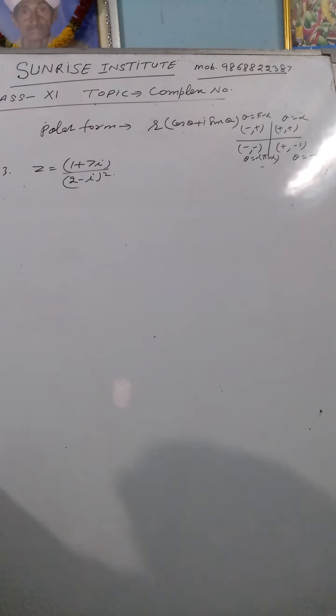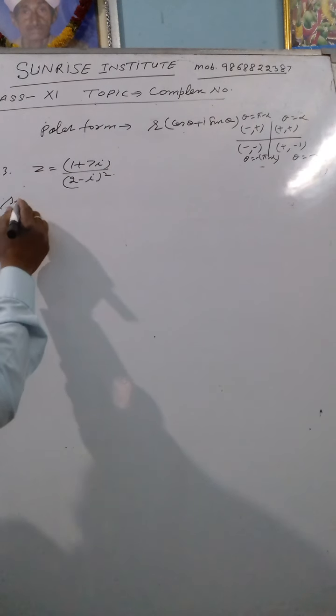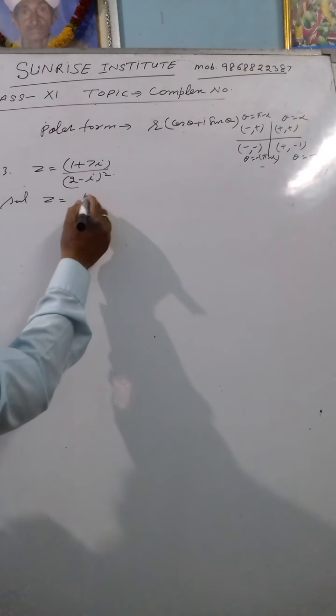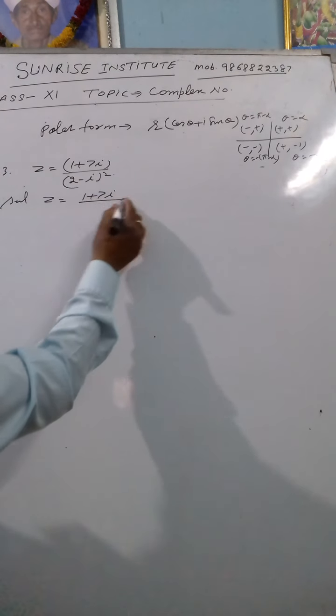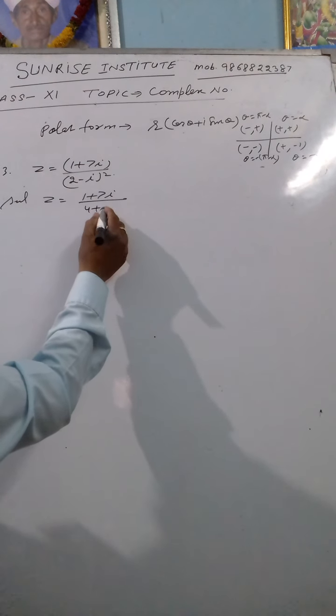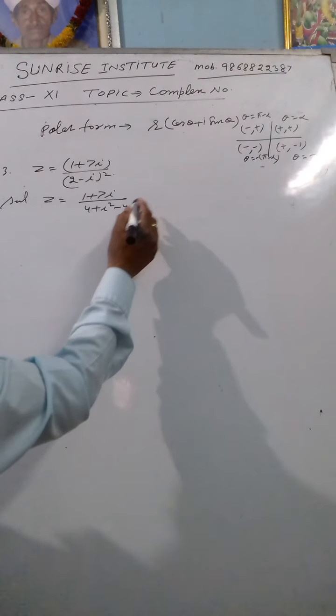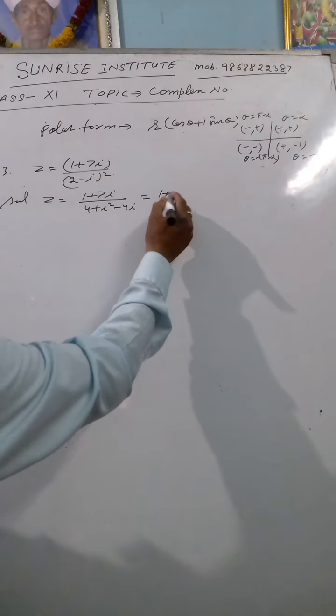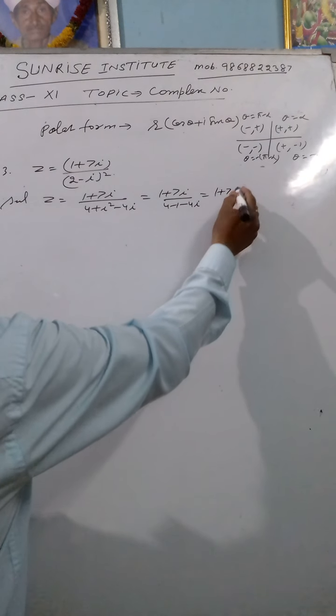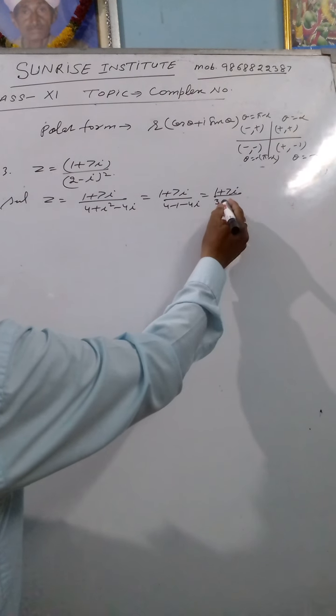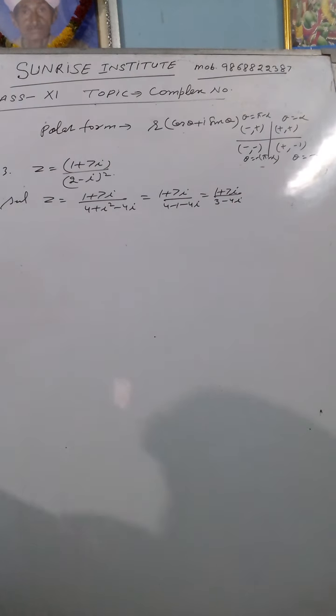Okay students, then z equals (1 + 7i) upon (4 + iota squared - 4 iota). Okay students, (1 + 7i) upon (4 - 1 - 4 iota). Then we have (1 + 7i) upon (3 - 4 iota).